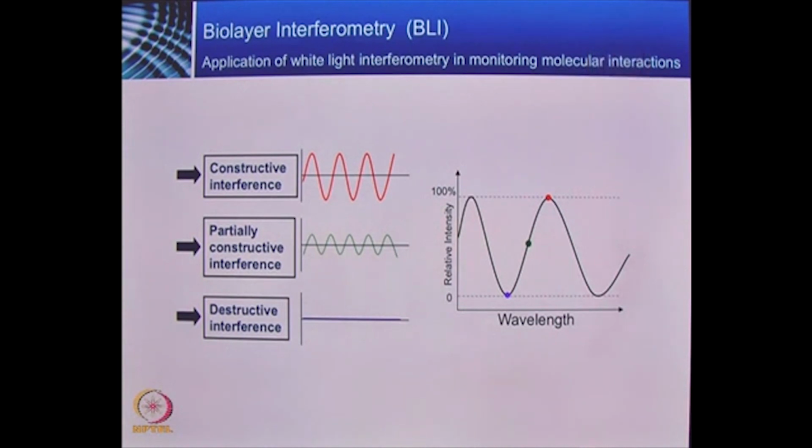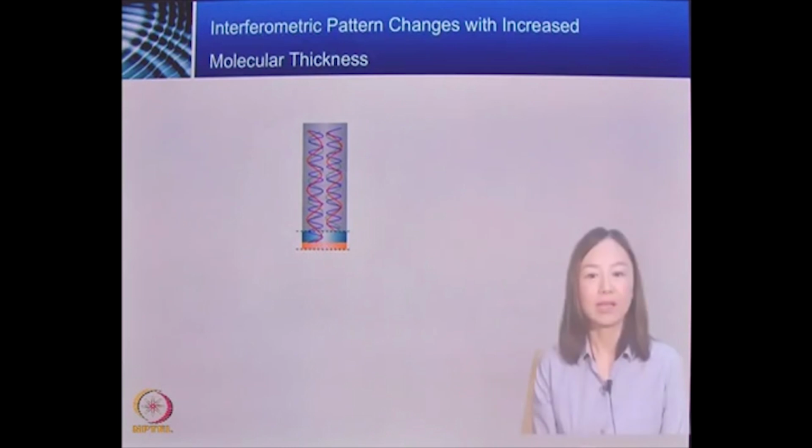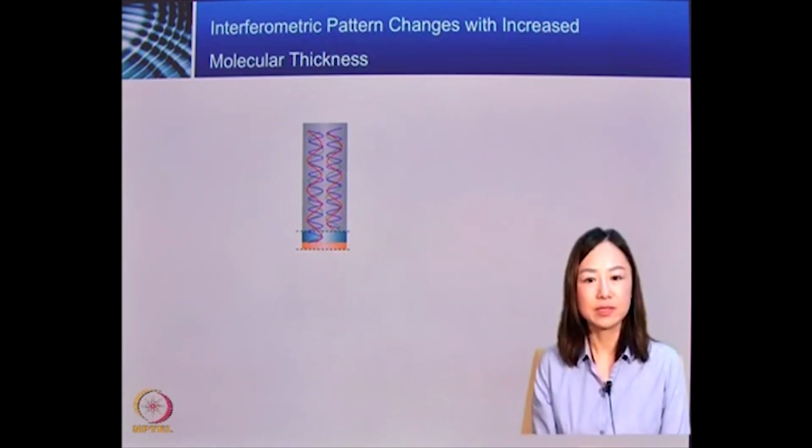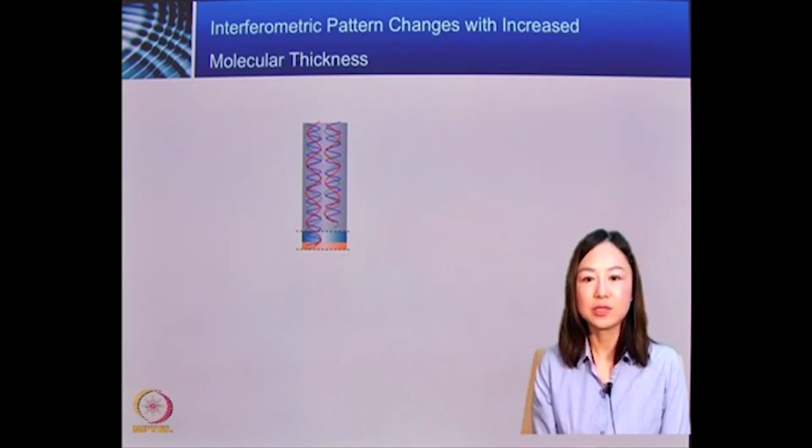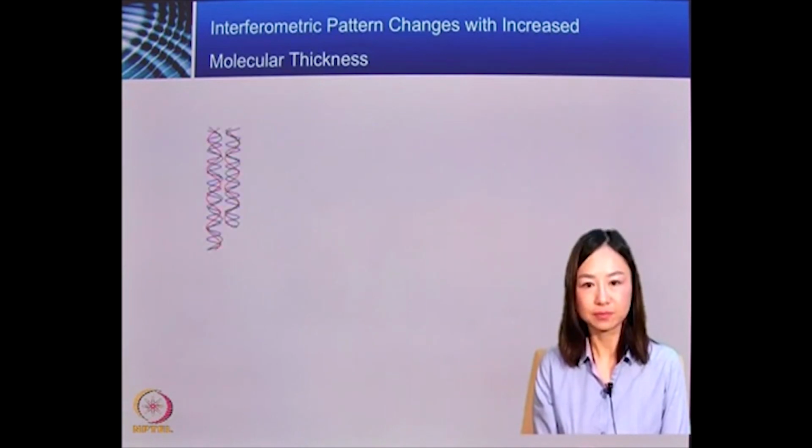When an interaction happens, the molecule will bind to the end of the biosensor. As a result, we'll see the second reflection surface actually moves down. This moving down increases the distance between the two reflection surfaces, and this increase will change the interference between the two reflected waves.